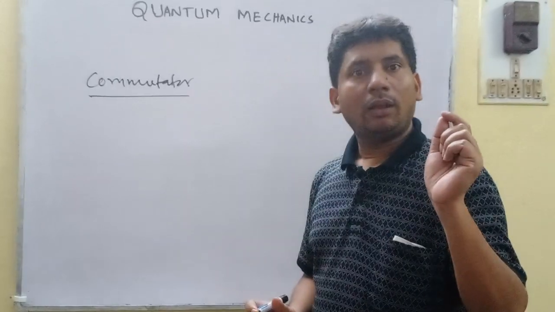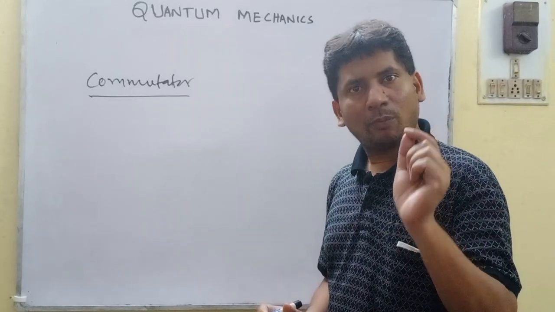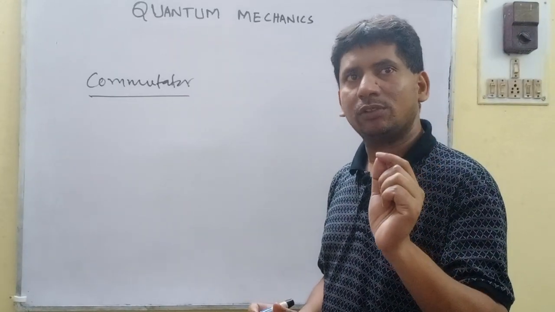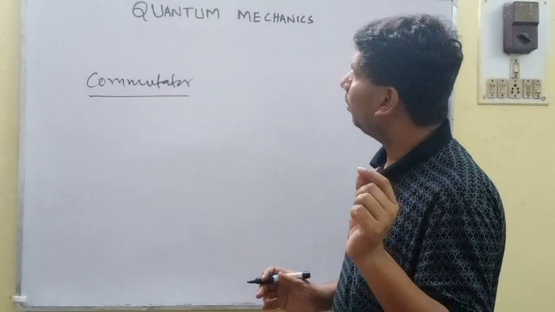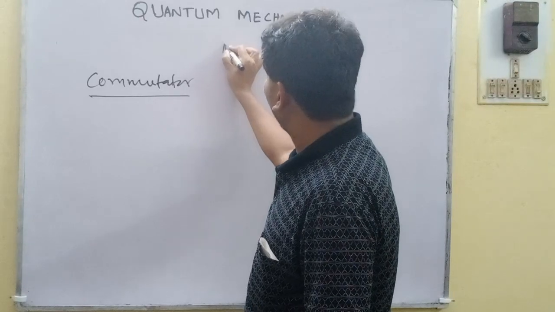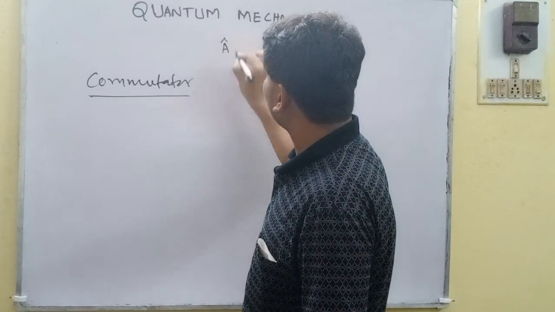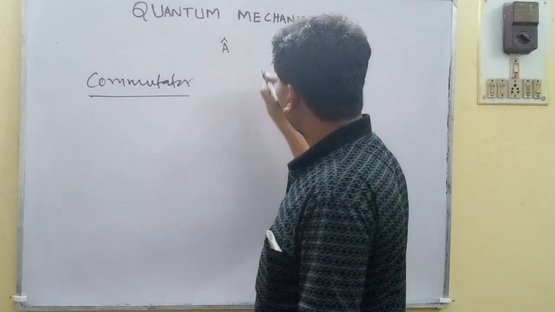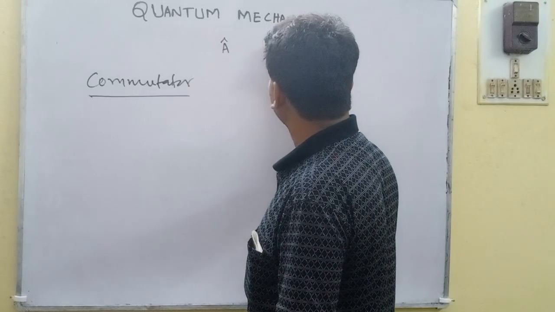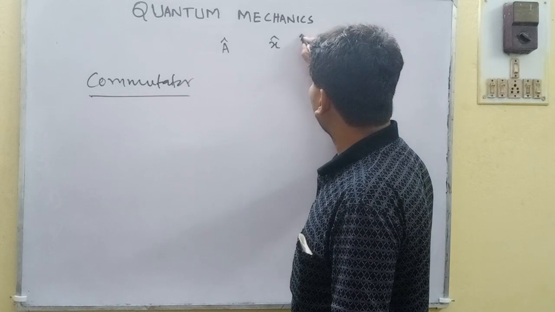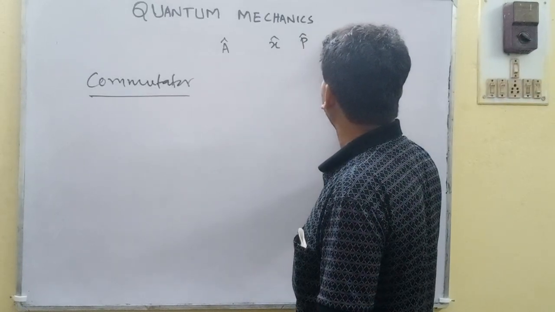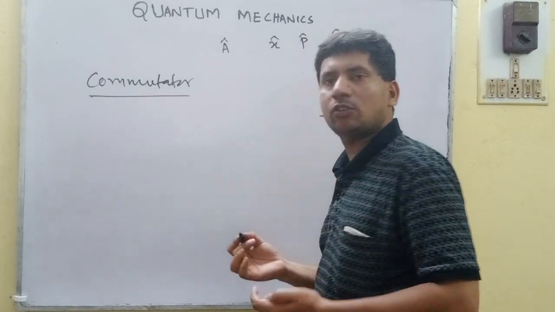So we already learned about the operator. An operator is a mathematical tool and it is denoted by a cap. If it is the position operator then x cap, if it is the momentum operator then p cap, if it is the energy operator then E cap, in this way.